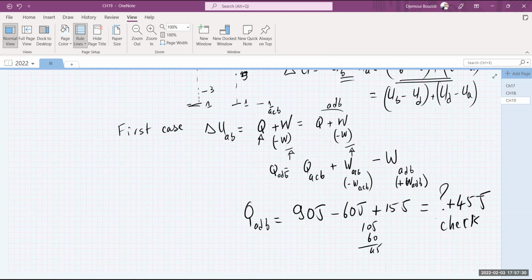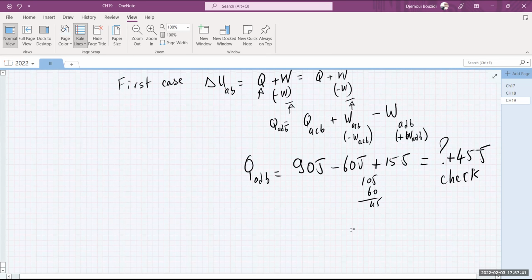Part B, when the system is returned from B to A along the curved path, the absolute value of the work done by the system is 35 joules. Okay. Here is what they're saying. When we go from B to A on that path, the curved path, W from B to A in absolute value is equal to 35 joules.